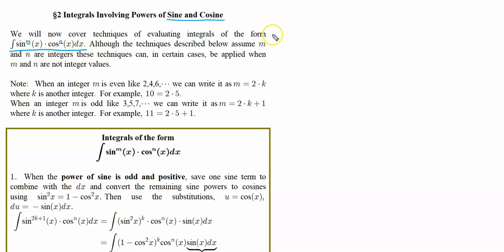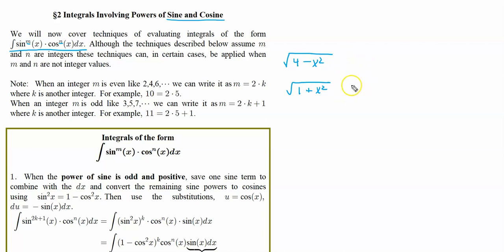And trigonometric substitution is a very important integration technique because it allows us to evaluate integrals that involve things like the square root of 4 minus x squared or the square root of 1 plus x squared. So integrals that involve functions that look like this, we can use trigonometric substitution with.